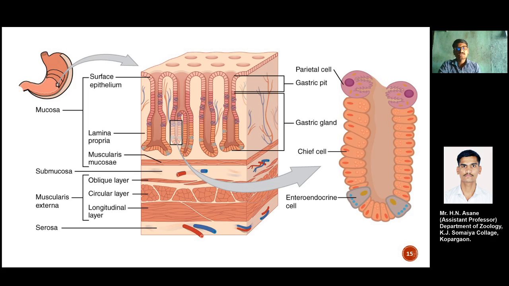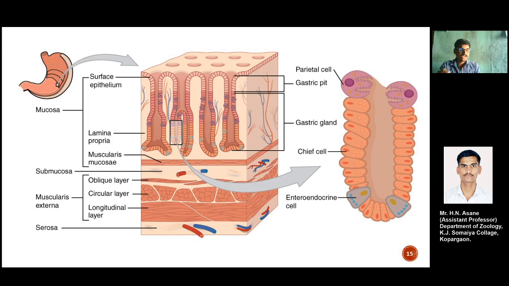As you can see, the chief cells are below the parietal cells. The granule-like structures lining the chief cells are the zymogen granules, and those zymogen granules secrete pepsinogen.